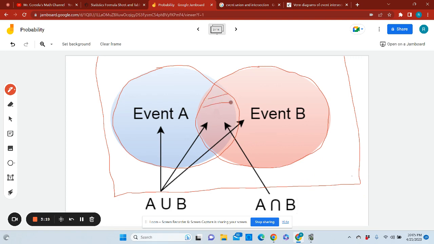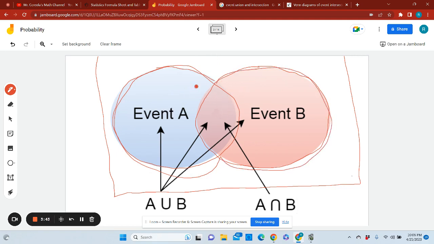And the shaded area in the middle is going to represent the probability that both A and B happen, right? And if you think about probability in terms of this picture here, you can kind of understand the formulas, right? If I want the probability of A or B, right, I want this area here, right?